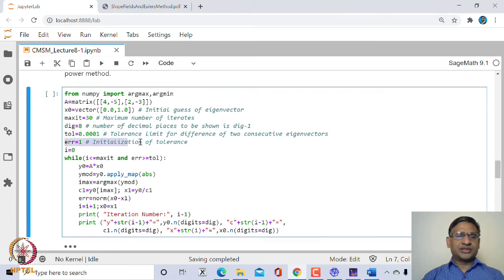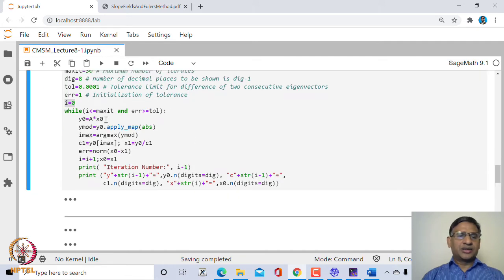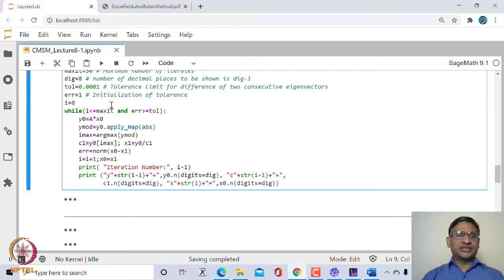So start with an initial error which is 1 and initial iteration i equal to 0, and then while i is less than or equal to the maximum number of iterations, which is 30, and the error is bigger than or equal to the tolerance limit, you find y naught equal to A times x naught and find the maximum value among the coordinates of y naught.